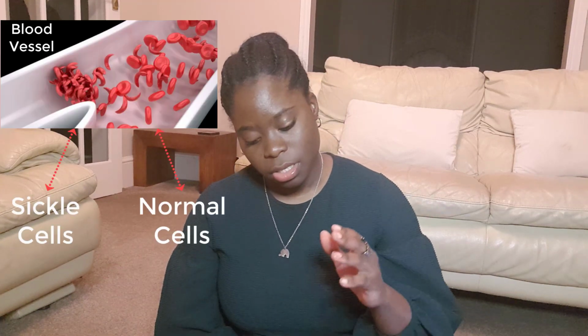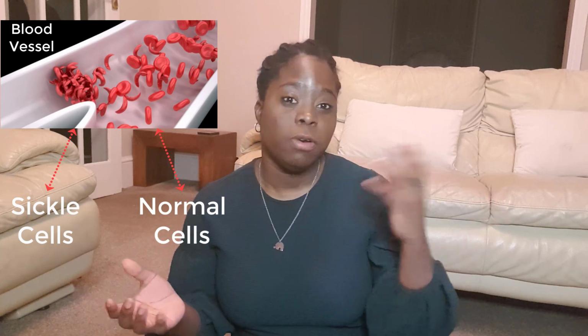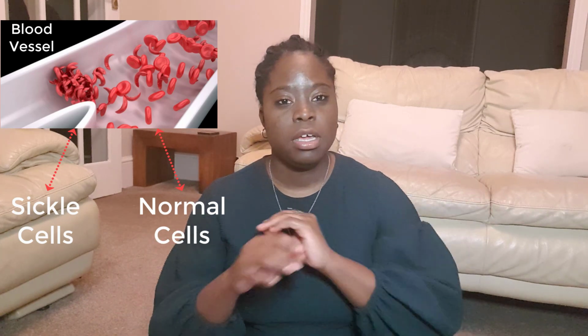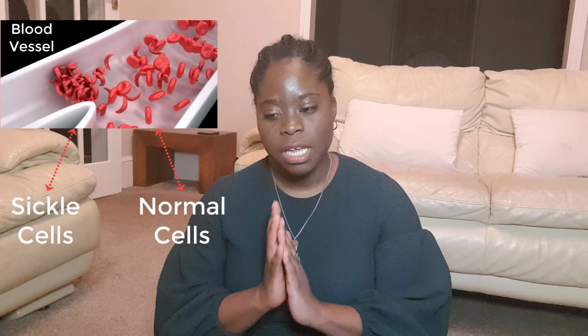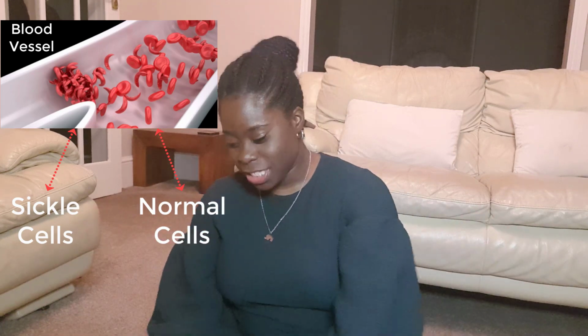And what happens when they are deformed is they become sticky, and it makes it easy for them to get stuck. And if your red blood cells get stuck within your blood vessel, it can cause a few complications.